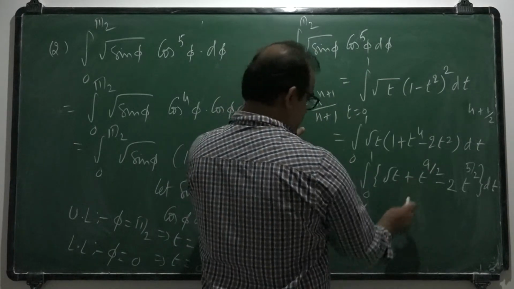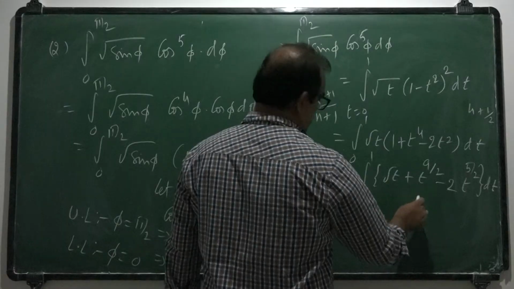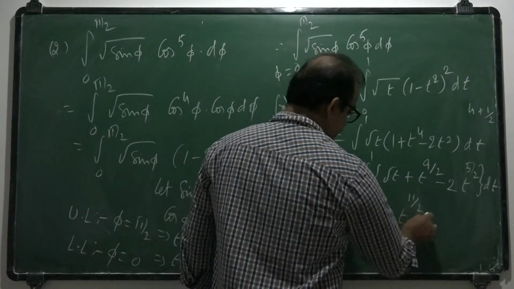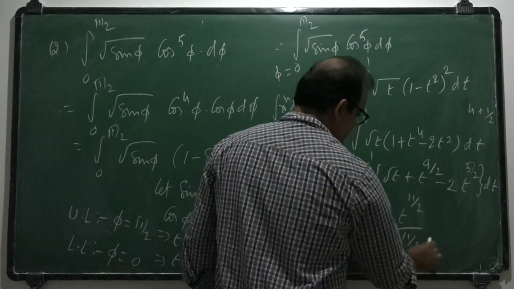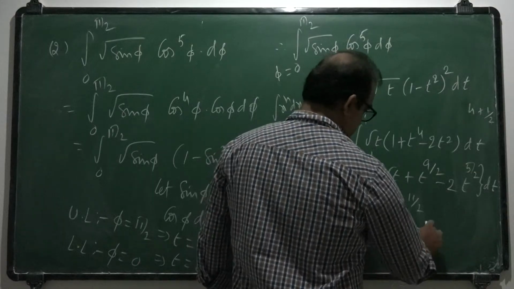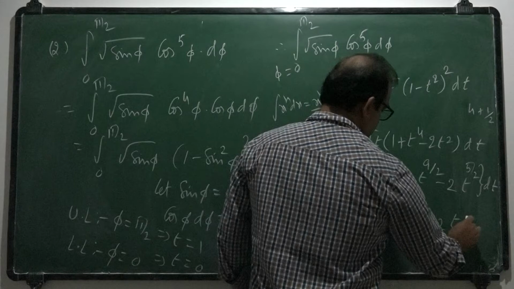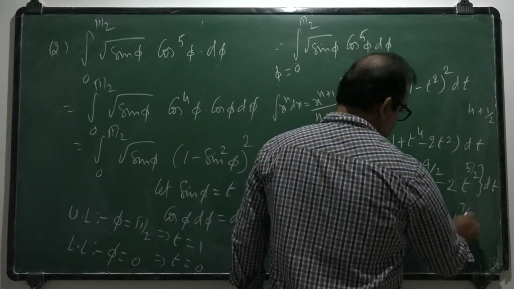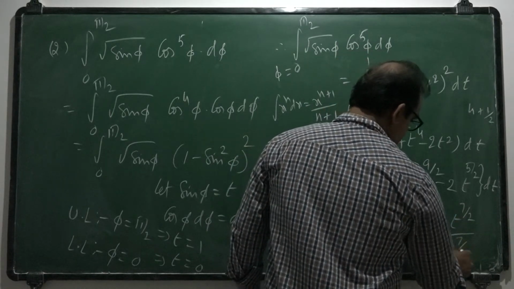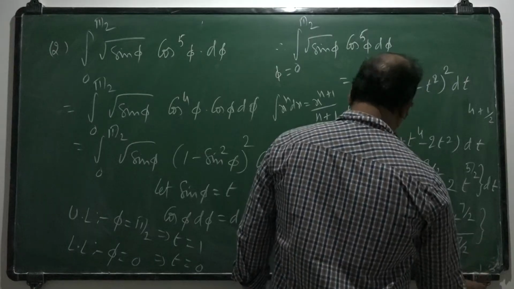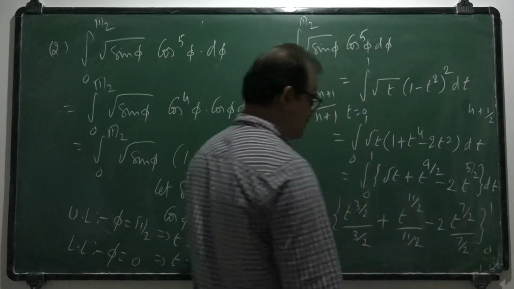Here n is equal to 9 by 2: t to the power of 9 by 2 plus 1, 11 by 2, by 11 by 2, minus 2 into, here n is 5 by 2: t to the power of 5 by 2 plus 1, 7 by 2, by 7 by 2, between the limits 0 to 1.